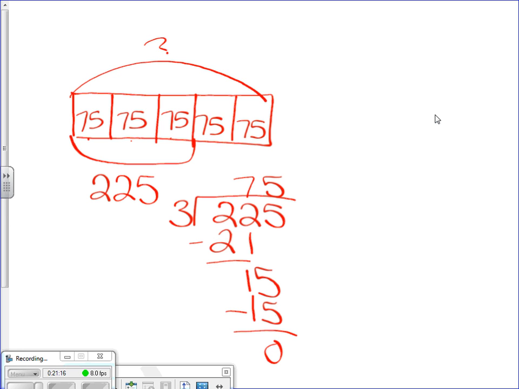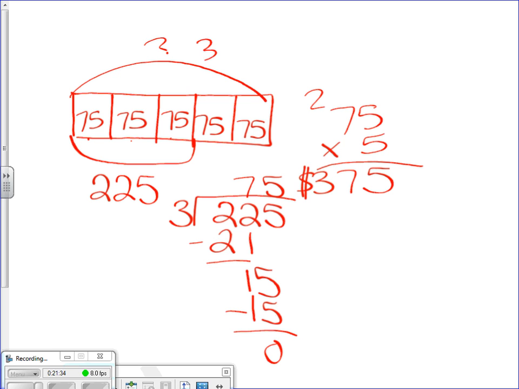Do you add that? Do 75 times 5. 5 times 5 is 25. 5 times 7 is 35 plus 2. So he had $375. They should also do another question, how much you have left.